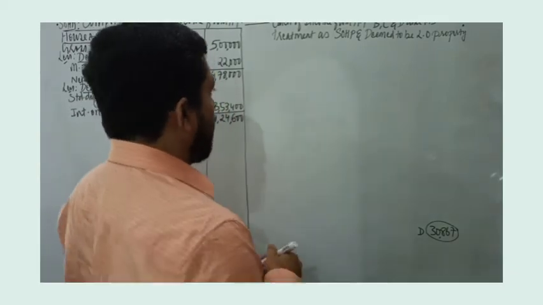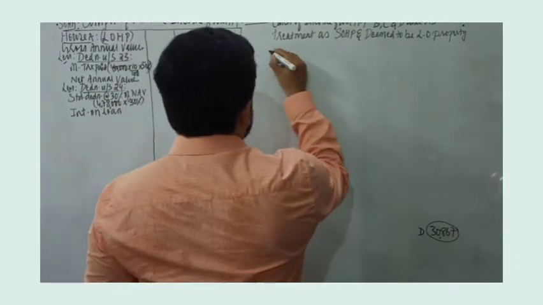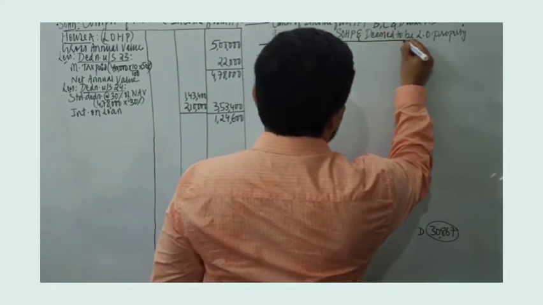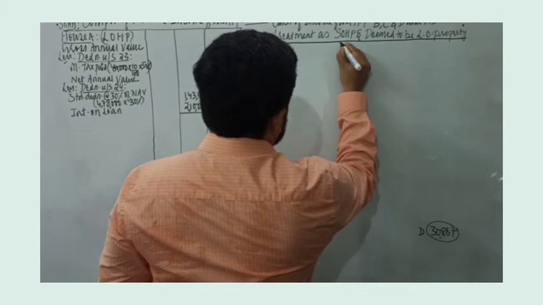Now, since there are 3 houses mentioned, we will have to take 3 options. I'll just show it here.